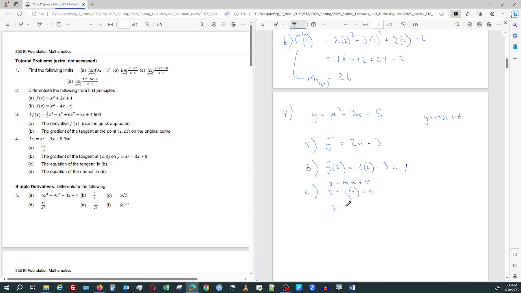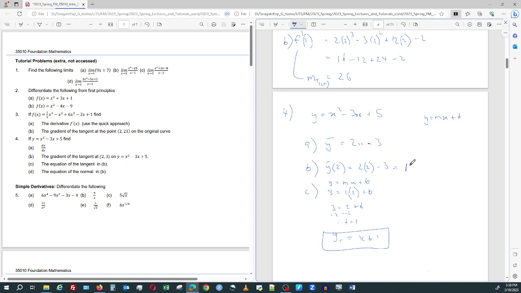So 3 equals 2 plus b. So subtracting 2, b is equal to 1. So the tangent is x plus 1.